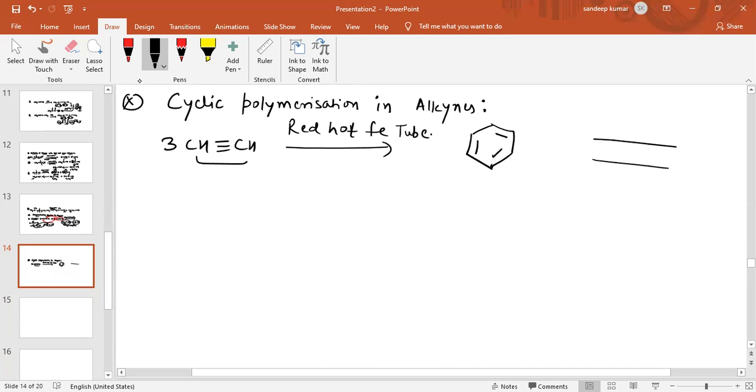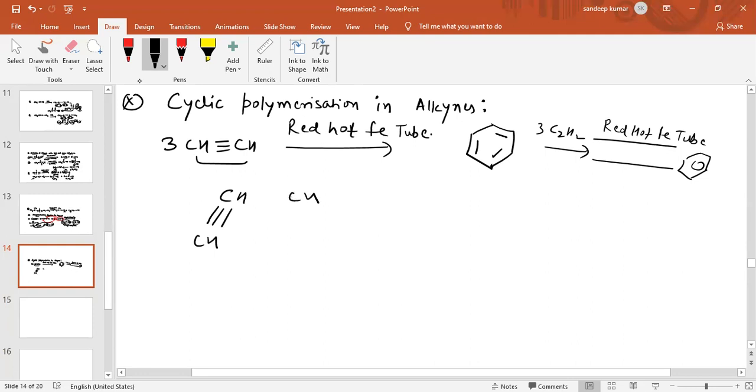This is basically the red hot iron tube. When welding gas is passed, what is welding gas? C2H2. When welding gas is passed through a red hot iron tube, it will convert into benzene. Now see what happens. In this case, this is CH triple bond CH, 1 mole.